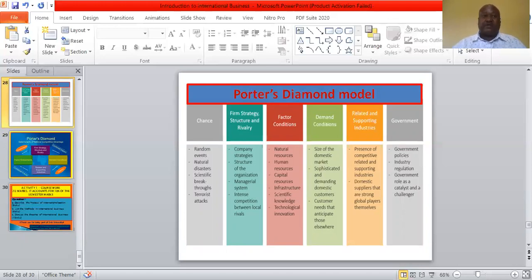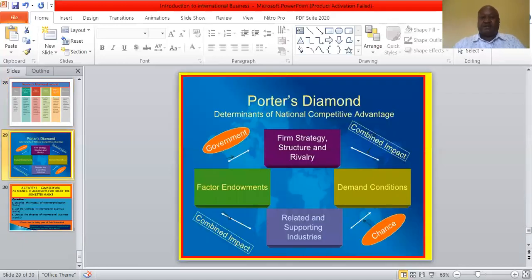Lastly, we look at the government, and here we look at government policy, industrial regulation, and the government's role as a catalyst and a challenger. Further illustration is here: Porter's diamond, determinants of national competitive advantage.